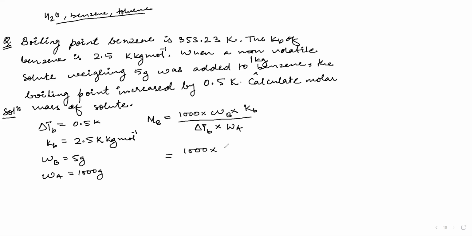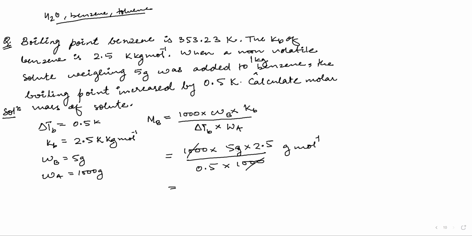1000 into WB, which is 5 grams, into Kb, which is 2.5, upon delta Tb 0.5 into 1000. Now this 1000 will cancel. Whatever we get will be in gram mole inverse.